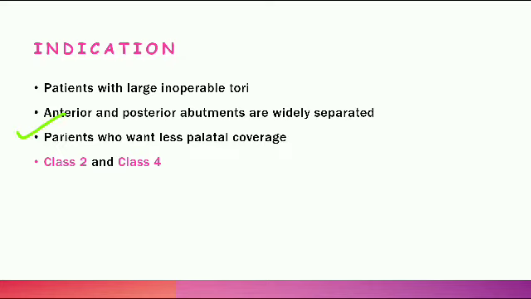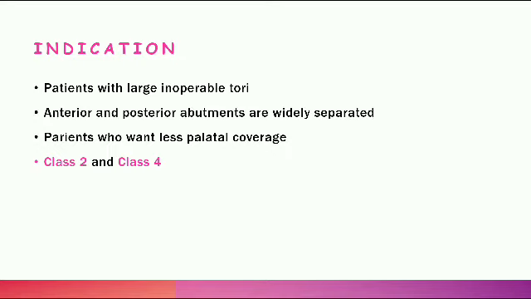Now, patients who want less palatal coverage. When we talk about palatal bar, it is thin, you cannot derive greater rigidity, and if you want great rigidity, you have to make it bulky, leading to patient discomfort. In palatal strap, it is less bulky, it is good, but what about the coverage? Of course it covers a lot of palatal area, hence it can be uncomfortable for many patients.